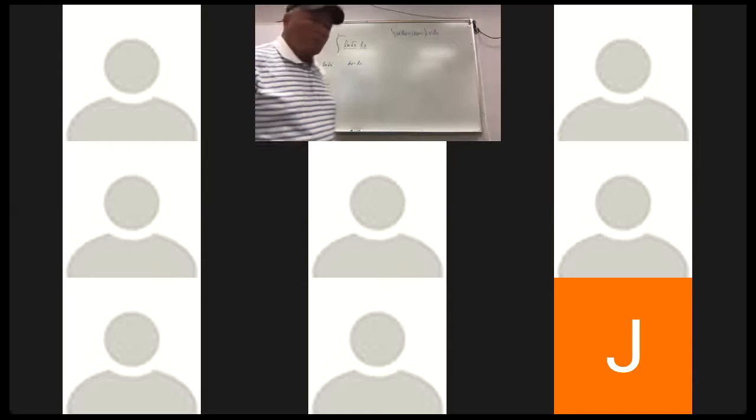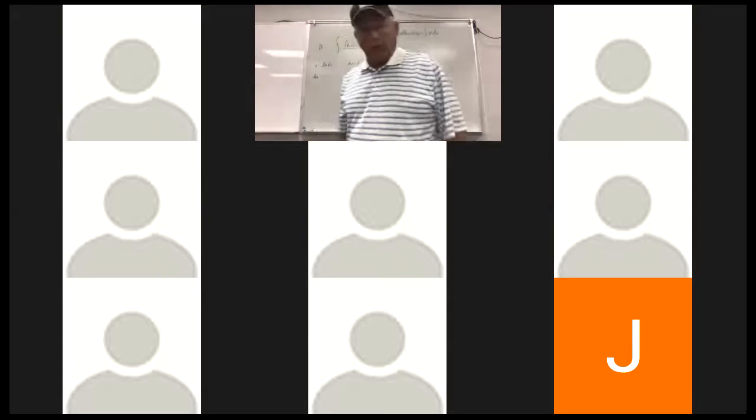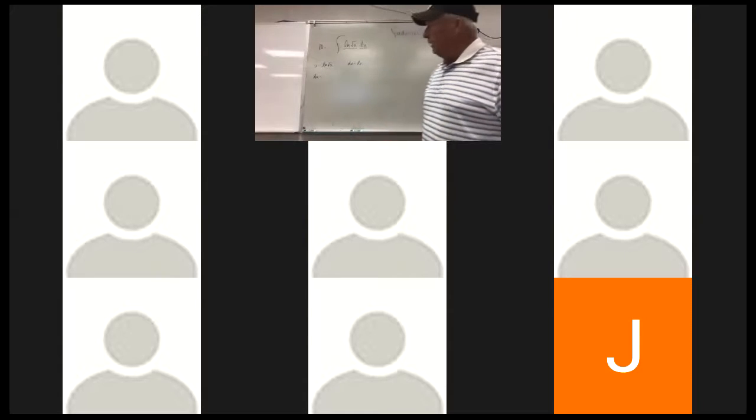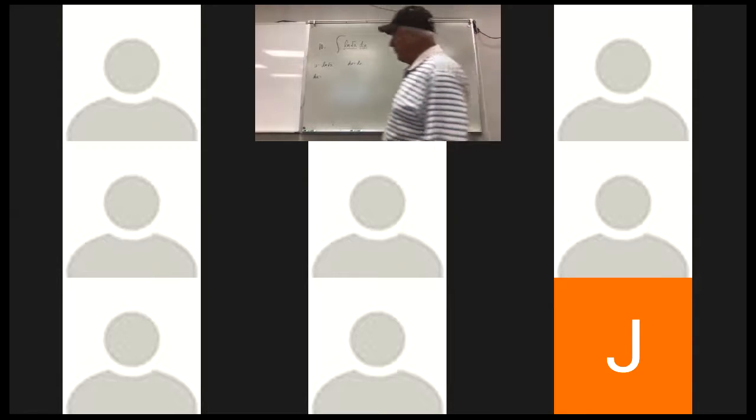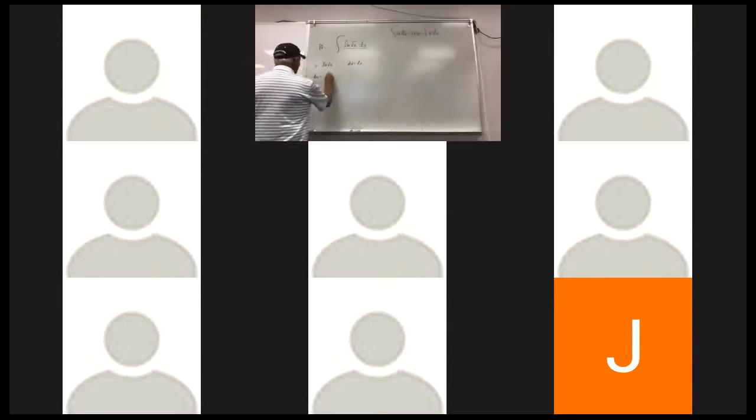Well, what's the derivative of the natural log of the square root of x? Supposedly, it's 1 over the function times the derivative of the function. So this is going to be 1 over the square root of x times the derivative of the square root of x, which is 1 over 2 square root of x.